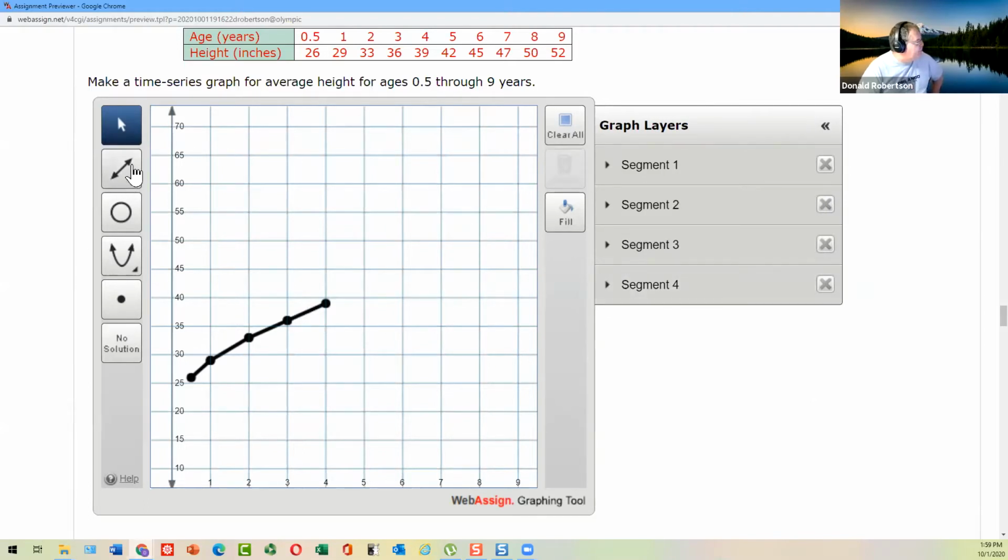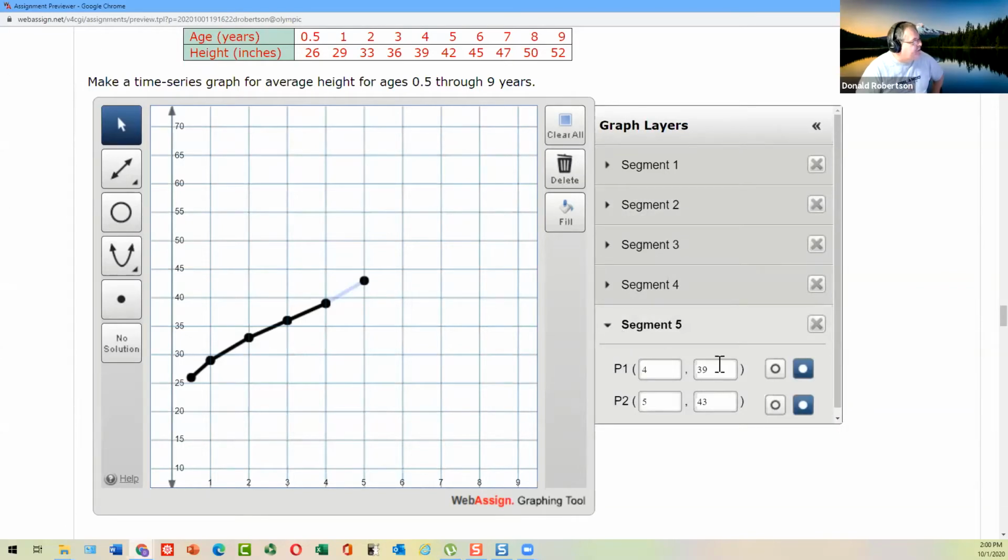Get ready for the next one then. We're going to go from 4, 39 to 5, 42. 4, 39, gotcha. 5, 42. Go that one. Next one is 6, 45. I forgot, you have to fix it. So 4, 39, good. 5, there we go, 42, done.